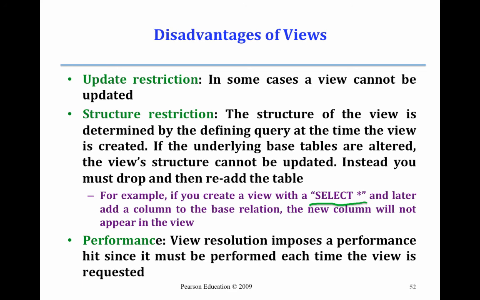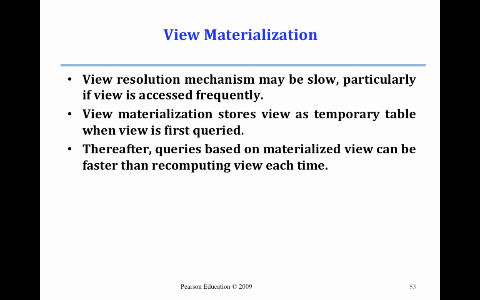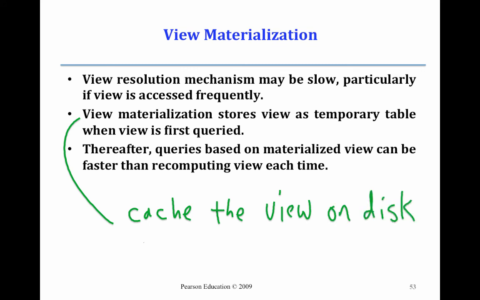And if the view is fairly large or the base relations are fairly large, that could be an issue. However, you can actually address the performance issue by using caching. And that means once you do the selection or defining query the first time, you can cache, so basically what this is saying is we're going to cache the view on disk after the defining query is executed.